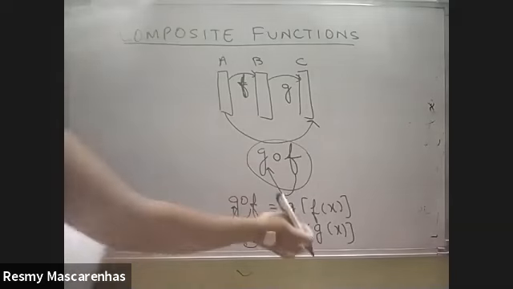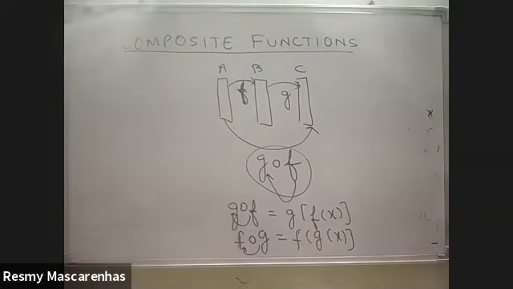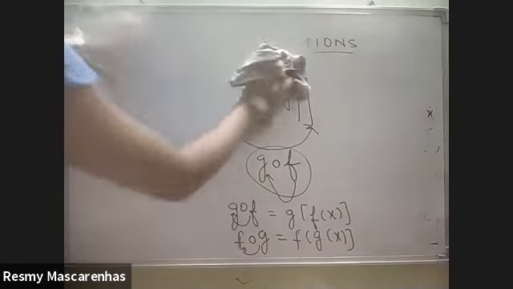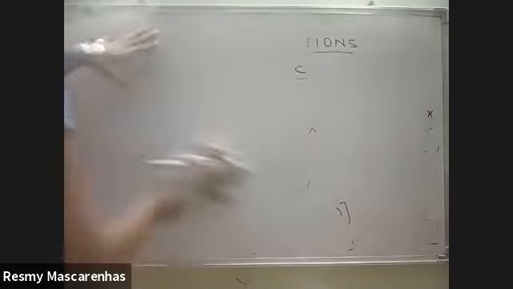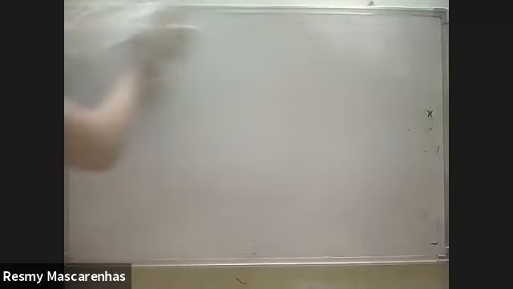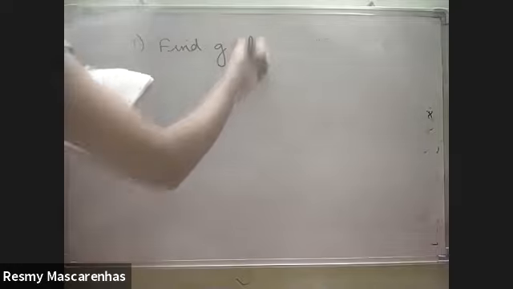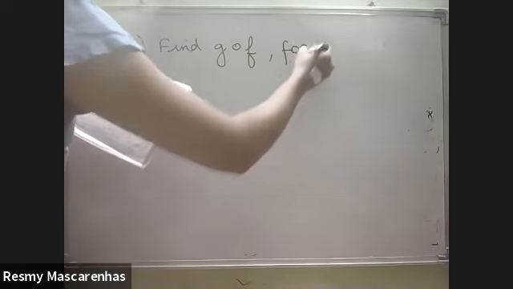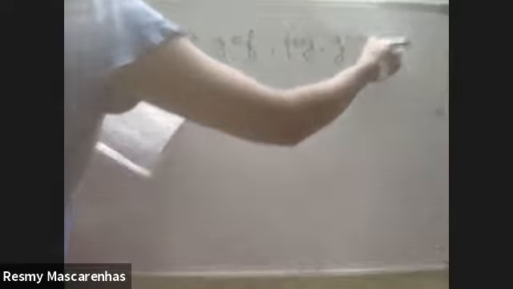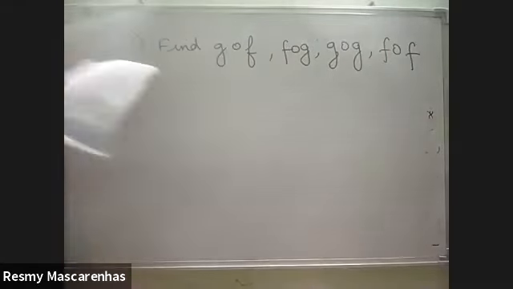So this is already given in your notes. So I'll erase it. No need to write again. So first question is, find GOF, FOG, GOG, FOF.